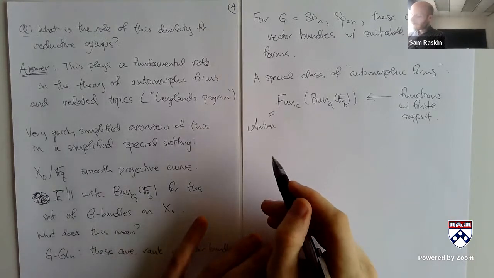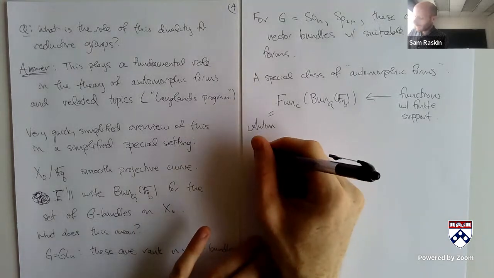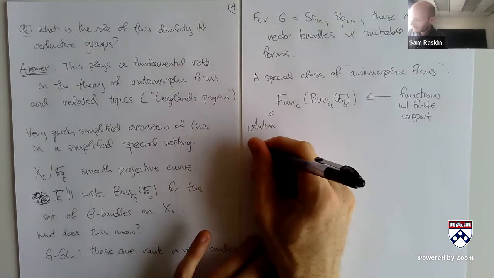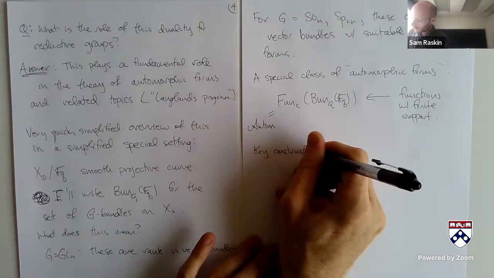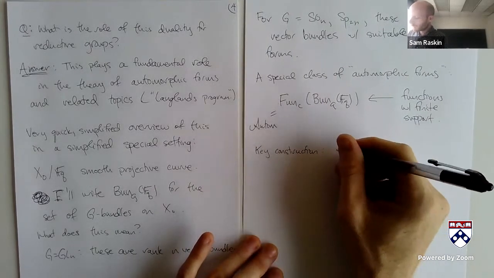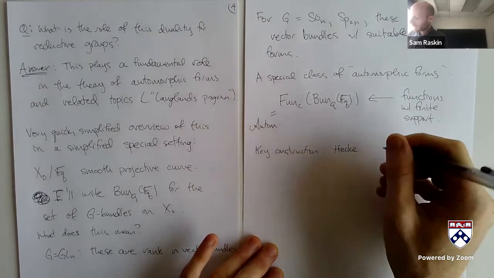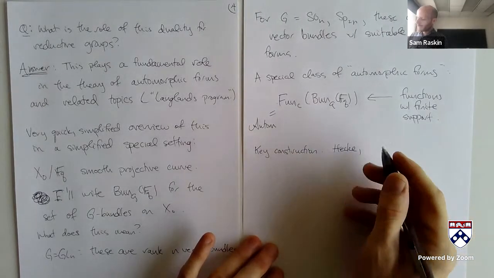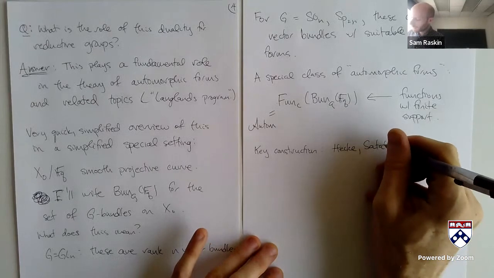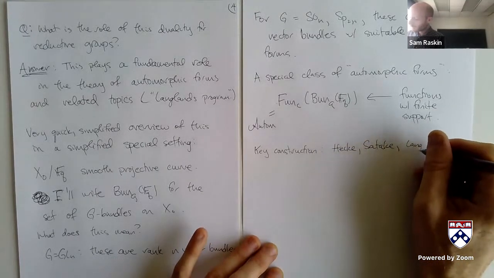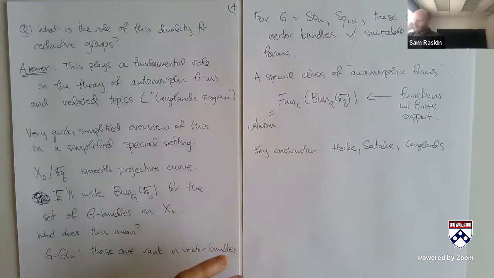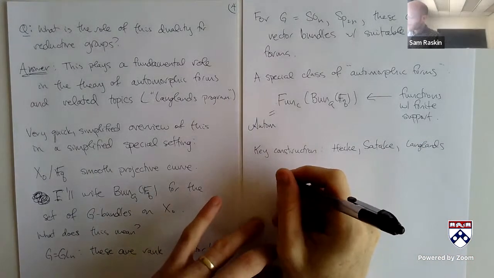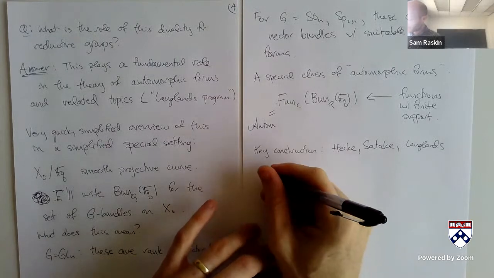So there's a key construction, which is due in some form to Hecke. I'm not going to say exactly what this is, but it's due to Hecke, due to Satake, and in this form a little bit due to Langlands. And I'll just say very briefly what it is.